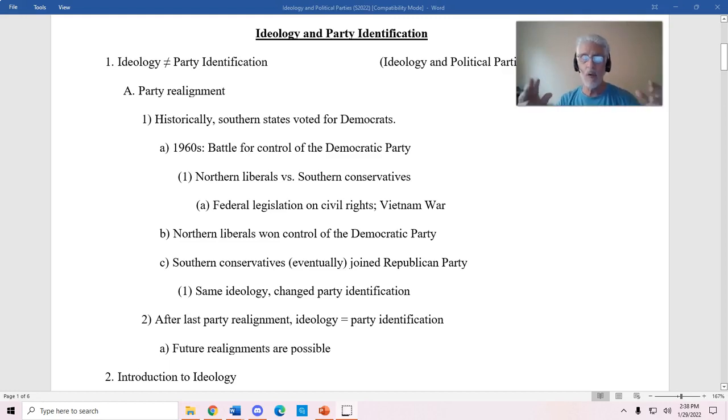We just don't know. And so when I teach this class, I make a point of telling students to keep ideology and party identification separate from one another conceptually, even though right now they look like they're basically the same thing. But from a conceptual perspective, it's important that we treat them as two distinct things.